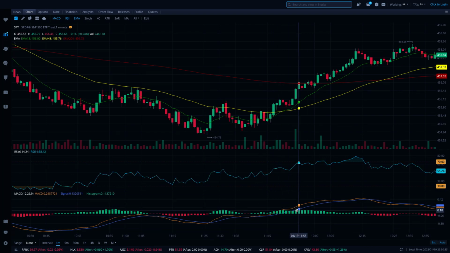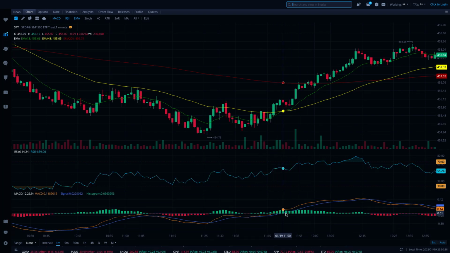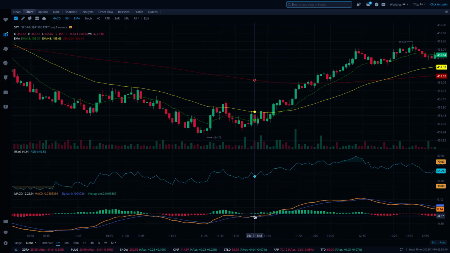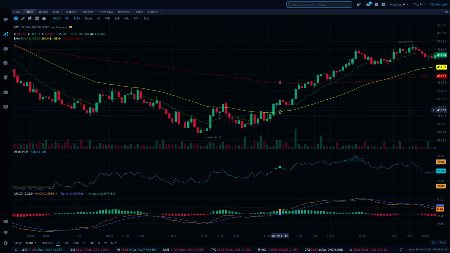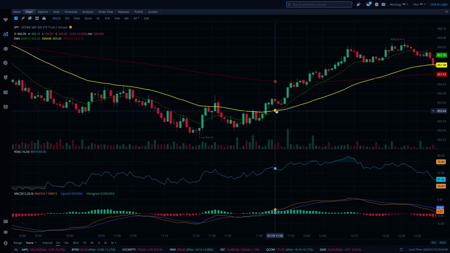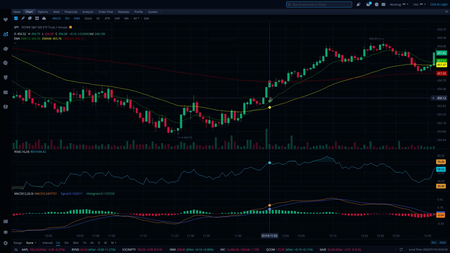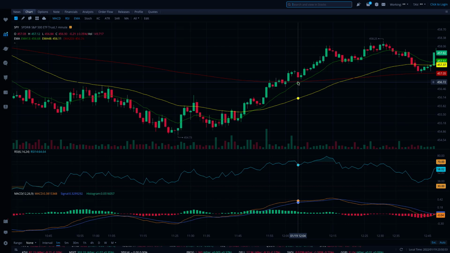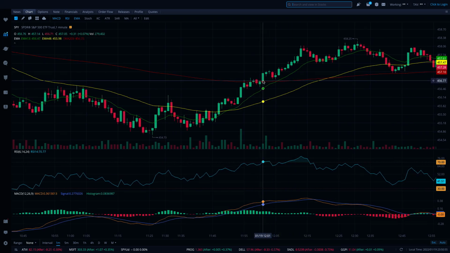You also want the MACD to show that it's well into its trend and that it had already crossed previously, okay? So the MACD will cross before the 13/48 will cross. From there, you enter your play and you keep an eye on the 200 EMA because it may act as resistance.